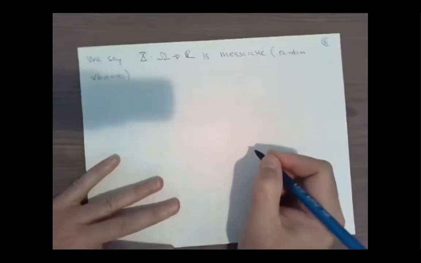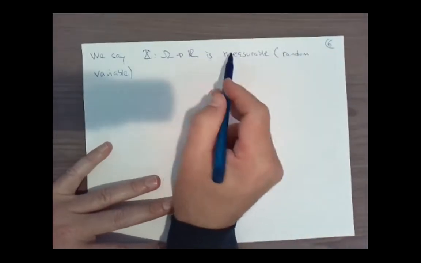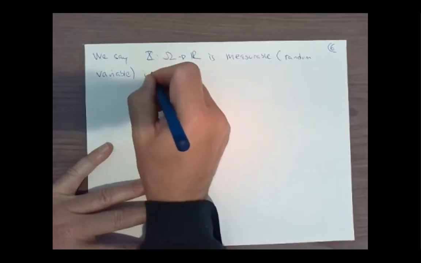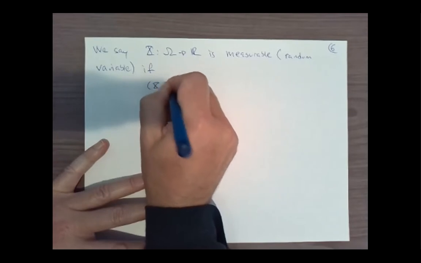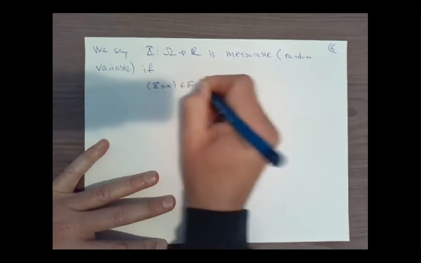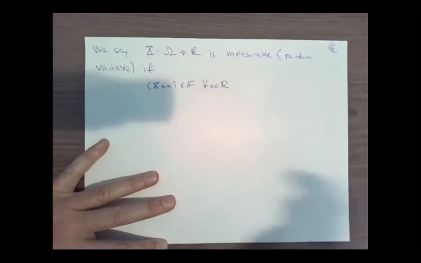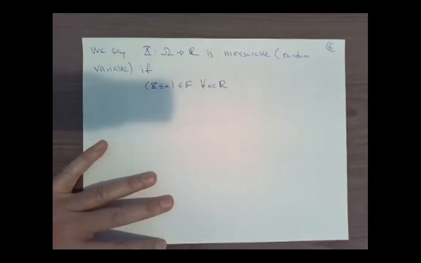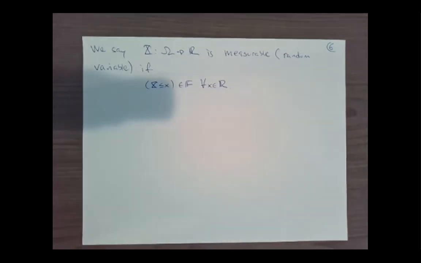We say that this function X, with domain omega and codomain R, is measurable if the set {X < x} belongs to F for any x in the codomain, which is R. And you can see this is really needed, because we already worked with it on one of the previous ones.